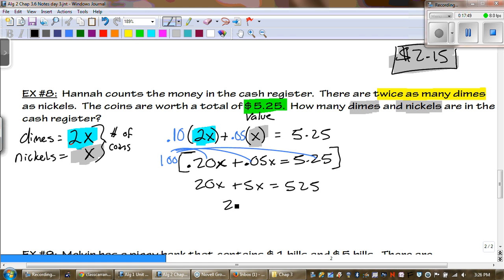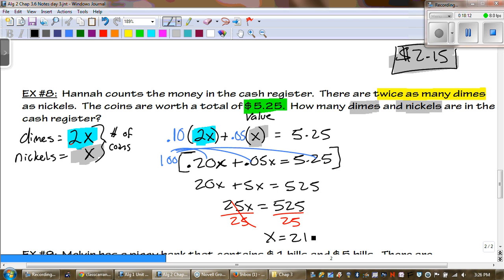Now you can combine your like terms. And then to solve, you divide by 25. And we get x equals 21. I did that one fast because 25 is on your multiplication chart.